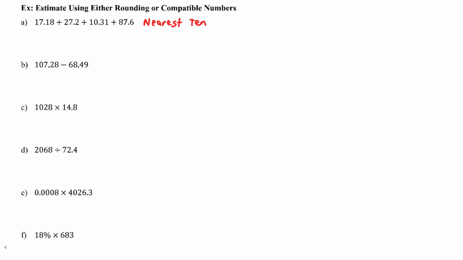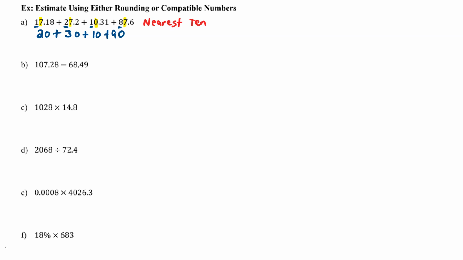If we round to the nearest 10 with each of these, we have 17, so the 7 forces us to round up to 20, plus 27, again the 7 forces us to round up to 30, plus 10, so the 0 forces us to round down, plus 87, so again the 7 forces us to round up to 90.